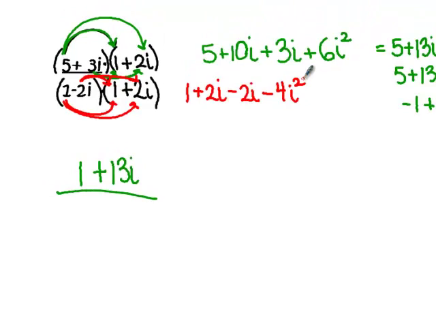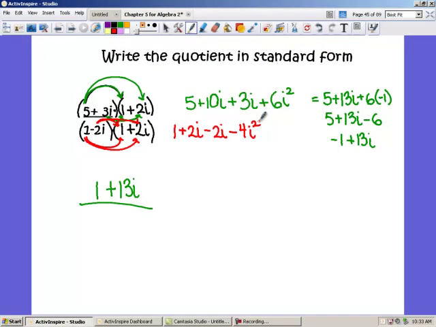And some of you, if you notice, this is the factor rule where we had plus minus. So if you can remember that a squared minus b squared will always be equal to a minus b, a plus b, you could have eliminated having to do the FOIL method here and just written a squared, so 1 squared would be 1, and b, which is 2, squared, and then the i would be 4i squared.